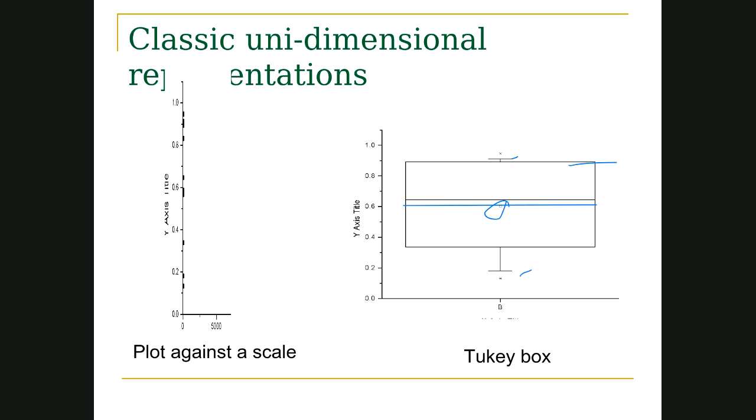This is the 5th and the 25th. So basically that's what you're seeing: 5, 25, 50, 75, and 95. Data points that are above the 95th or below the 5th are normally displayed as dots. Again, there's no guarantee that you don't have two dots on top of each other, but it's only 5% of the data.